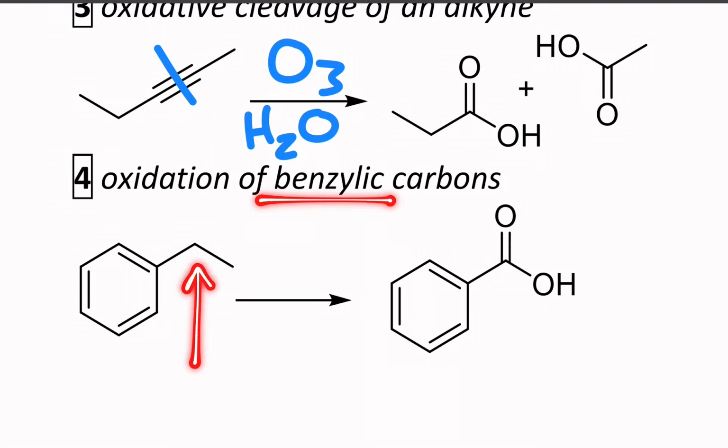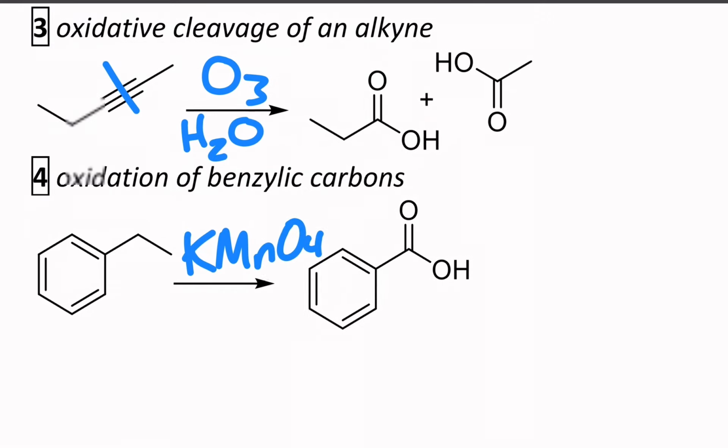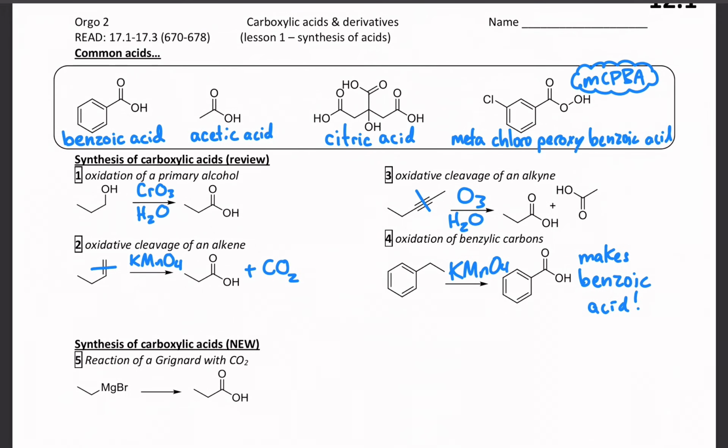If you have a benzylic carbon group, it doesn't matter what is attached to this thing as long as there's a CH2. If you treat this with KMnO4, you get specifically a benzoic acid. So it's more specific, but it still counts as a synthesis of an acid.